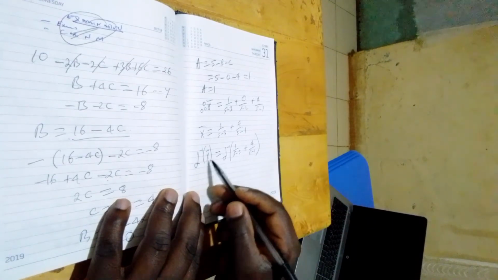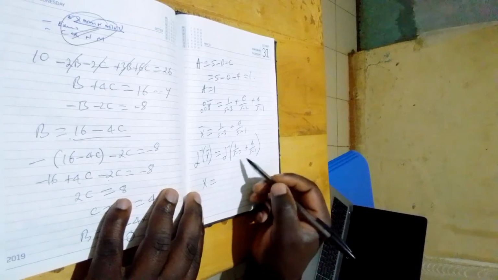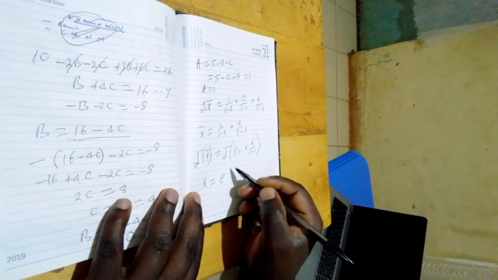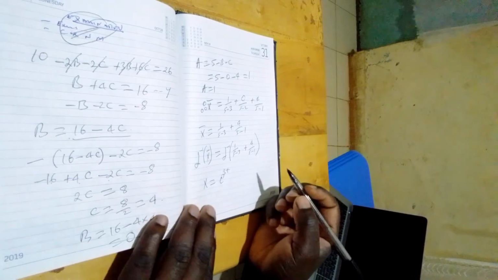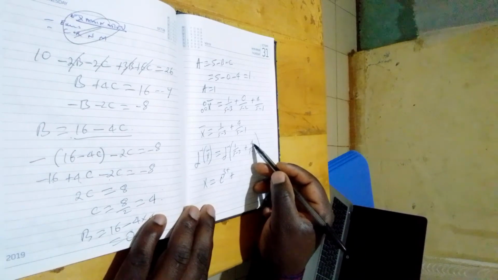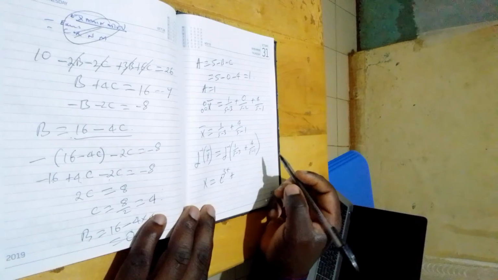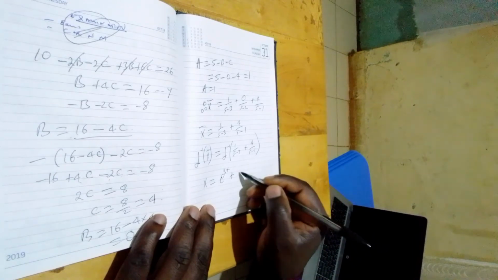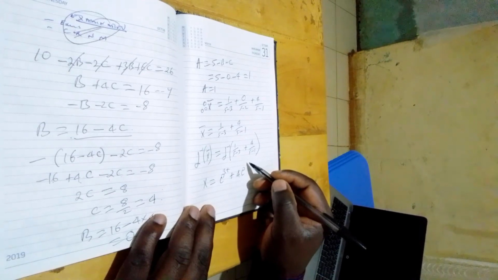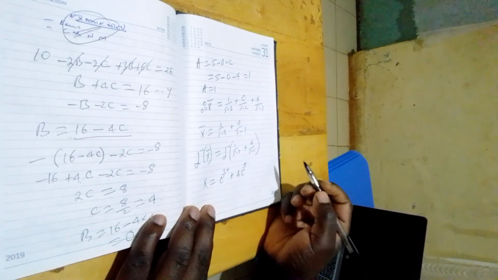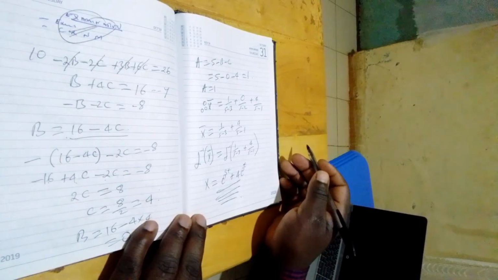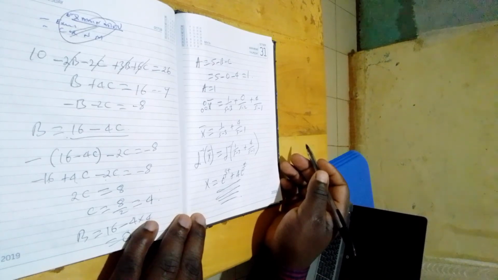So the Laplace inverse of x bar will be x equals to the Laplace inverse of this will be exponent 3t, and then plus the inverse Laplace transform of 4 over s minus 1, it will be 4 exponent t, and that is the solution of the given equation.